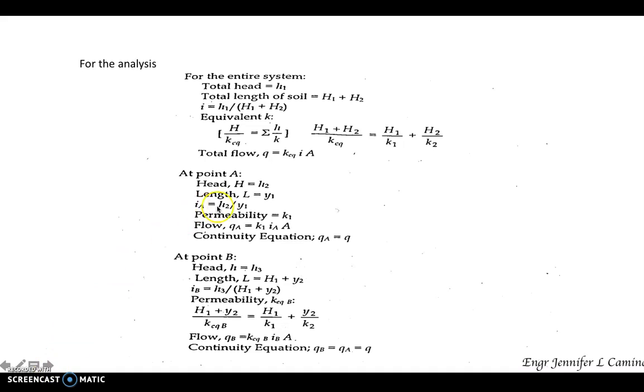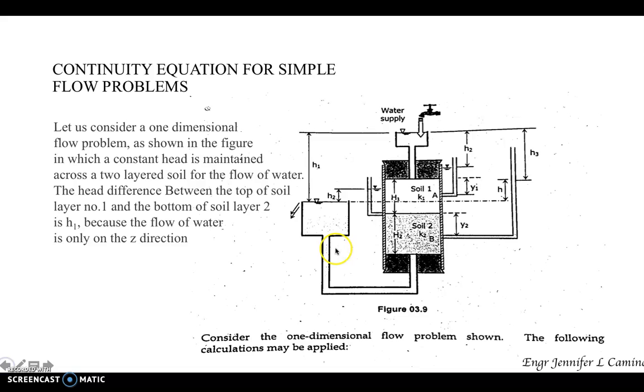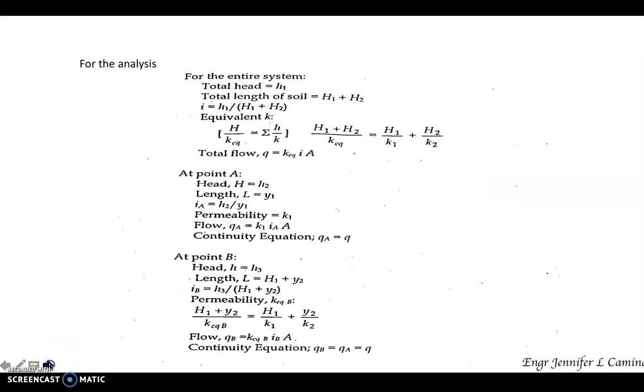The length of the soil is equivalent to y sub 1, because point A is from the surface of soil 1 towards this point.